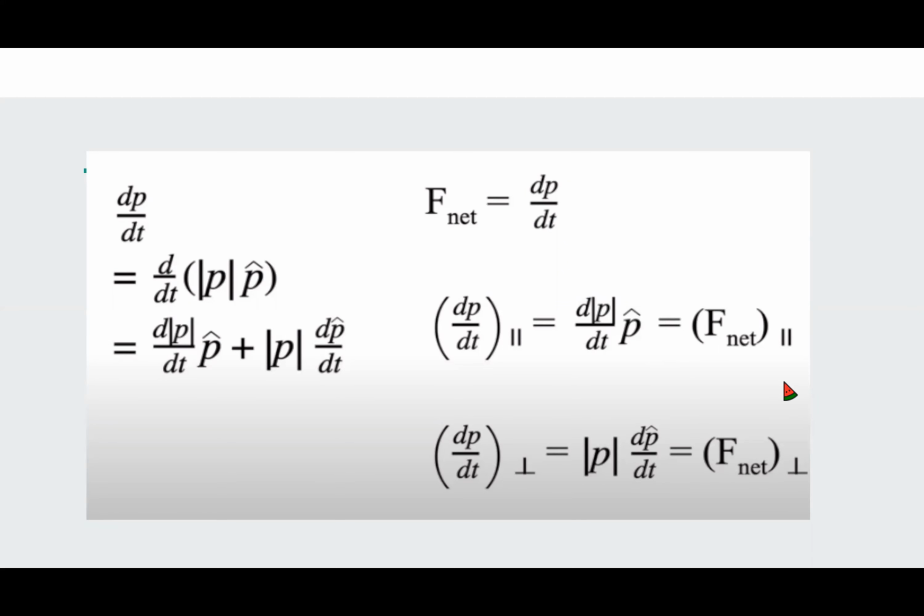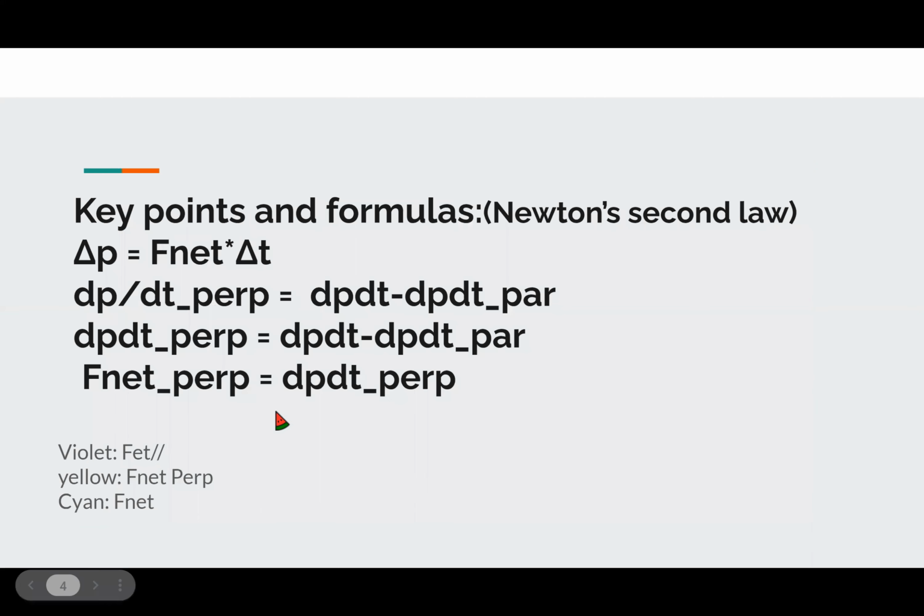From the computational model, we will easily see that we can separate our F net into two components, and this is what I have for my code.